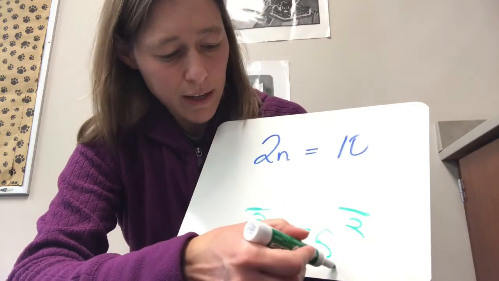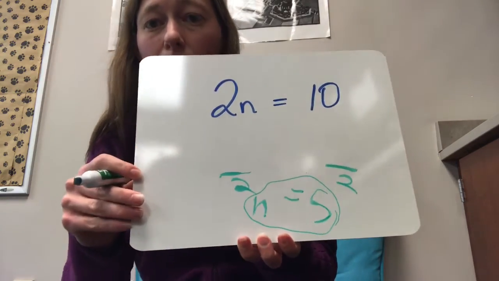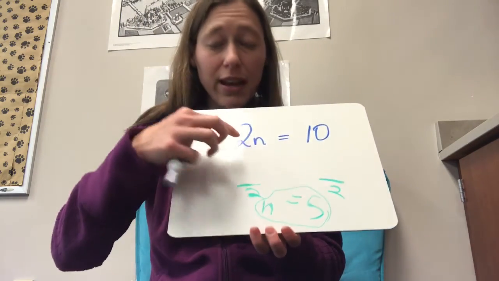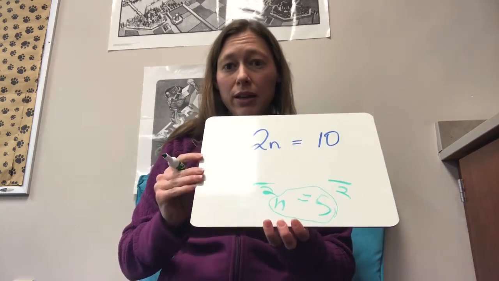Yeah, not bad. N equals 5. Okay, and then remember, you can plug in your answer and see if you got it right. So we can put 5 instead of n. 2 times 5 does equal 10, so we got it right. All right, next spot.